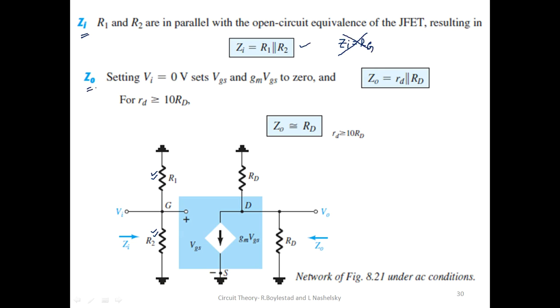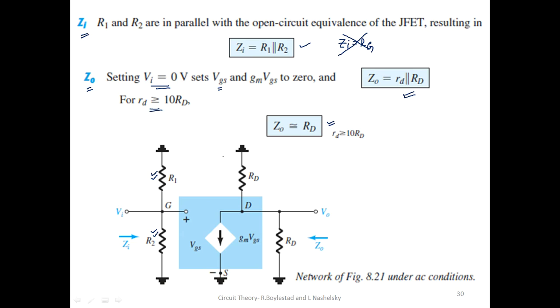Output impedance. How do you obtain output impedance? Set Vi equal to 0, which ensures that VGS and the current source parameter become 0, so that your output expression is again as simple as rd parallel to capital RD. Again, if rd is greater, then the expression gets simplified.